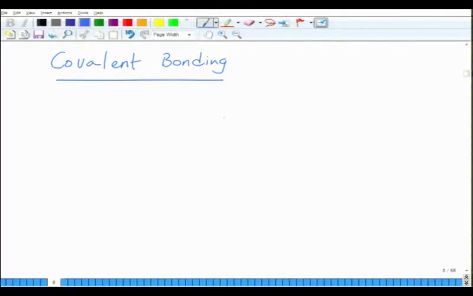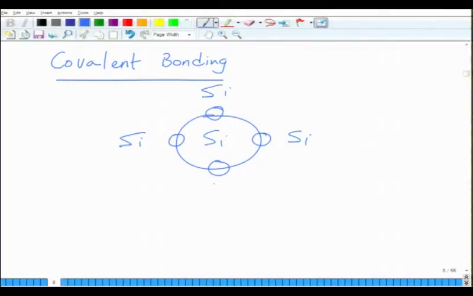So, for example, you take silicon. Silicon has how many unpaired electrons? 4. So, silicon tends to share its electrons with neighboring silicon atoms. This is not give and take, this is sharing. Neighboring silicon will have 1 electron here, they will pair. Similarly, this silicon will have 1 electron here, they will pair.